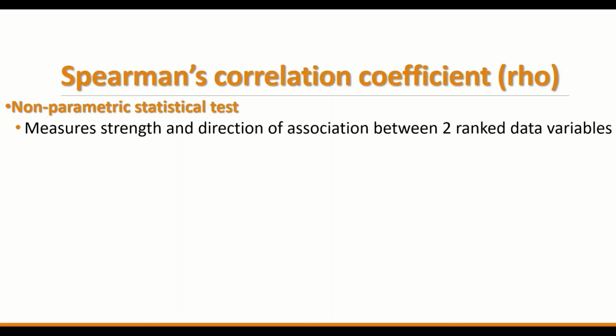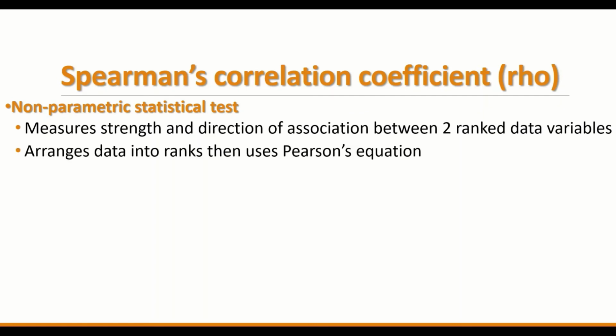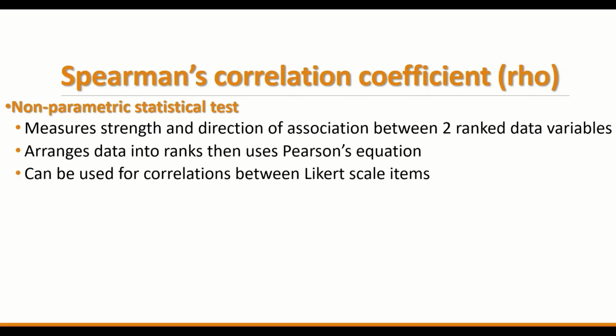It measures the strength and the direction of association between two variables, two non-normally distributed variables or two ranked data. The test arranges the data into ranks, then uses the Pearson equation to calculate the raw value.